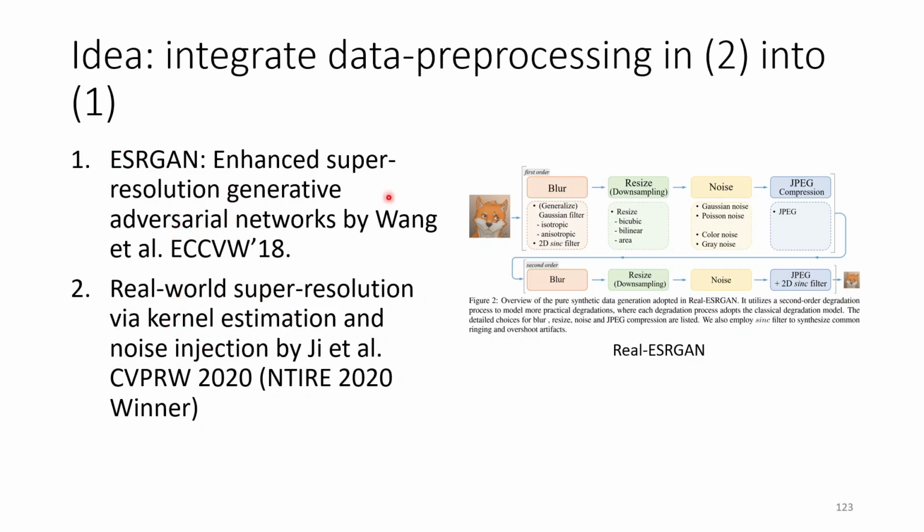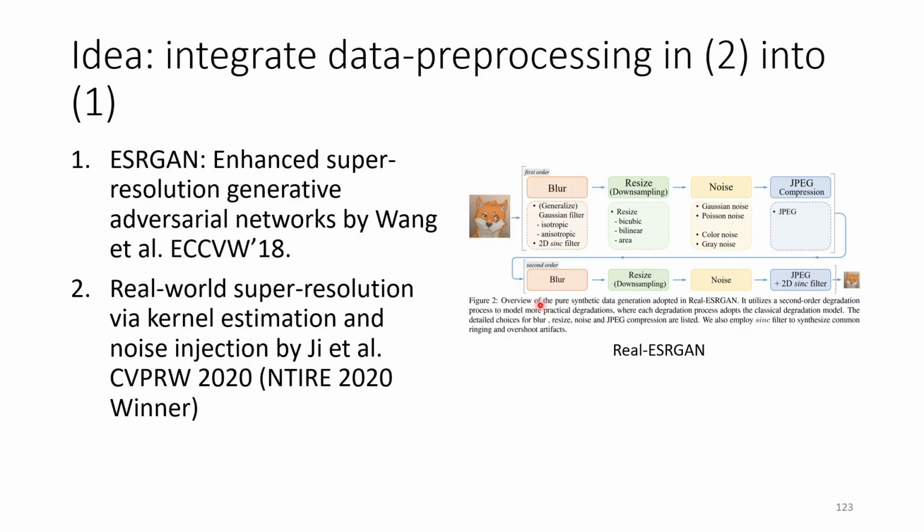So what's the idea? The idea of Real-SR is, because there are many different types of degradation for images, there is downsampling, there is noise, there are JPEG artifacts. Okay, so I don't know what the model should be. So how to do it?